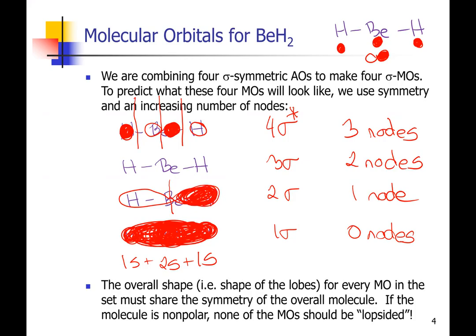So we took the 1s and combined it with 2pz in phase and combined that with the 1s on the other hydrogen. And that gave us our 2 sigma molecular orbital with 1 node. And if I look at that molecular orbital, it should look bonding, just like the bottom one should look bonding, because both of those molecular orbitals have a significant amount of electron density along these beryllium hydrogen lines.